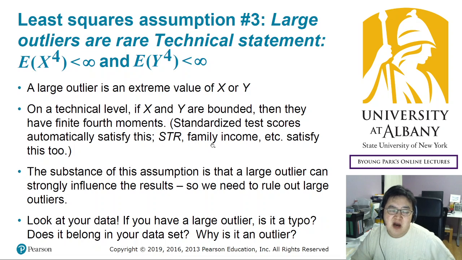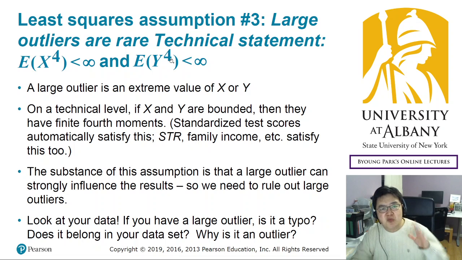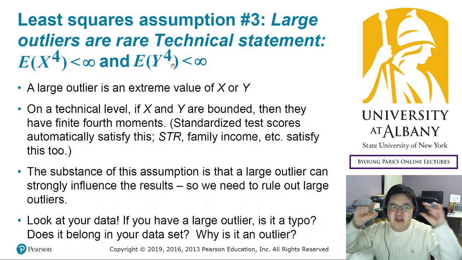However, it's not easy to define mathematically what an outlier is. So how extreme is an extreme value? That's a little bit subtle, and there is no crystal clear rule, but the textbook uses this condition. I'm not going to discuss what this means. So the fourth order moment is finite. The fourth order moment usually talks about the thickness of the tail.